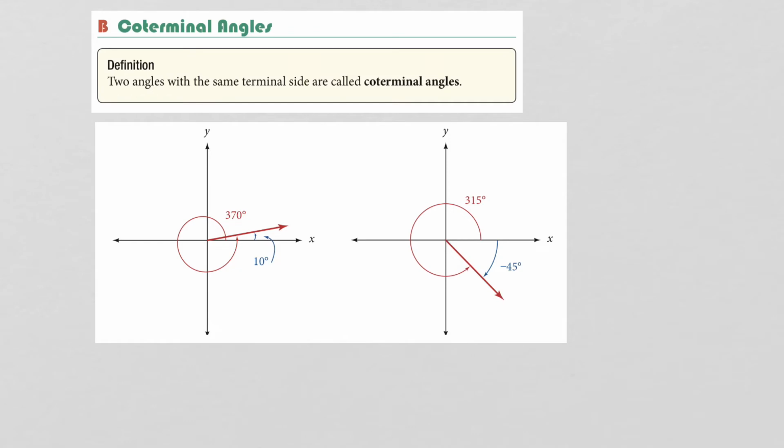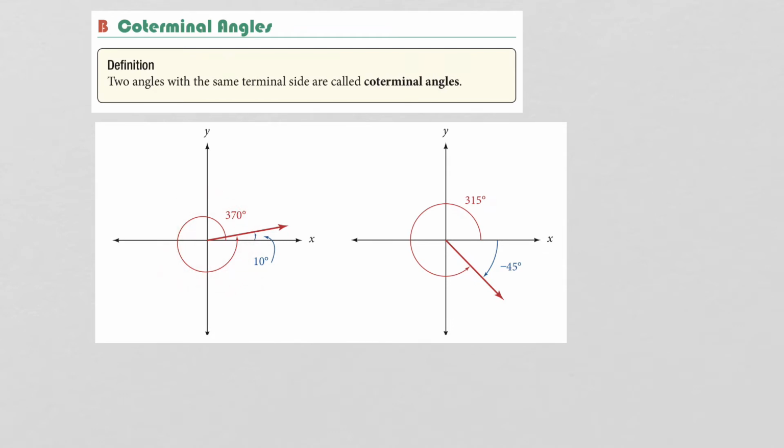Now let's talk about coterminal angles. The definition of coterminal angles is that two angles with the same terminal side are coterminal angles. So we have a couple of examples down here. The angle 10 degrees is the same as 370 degrees.